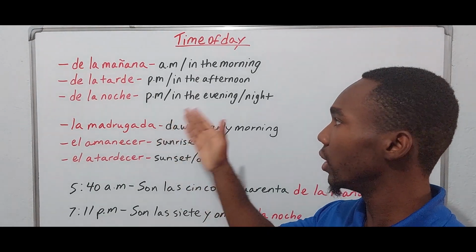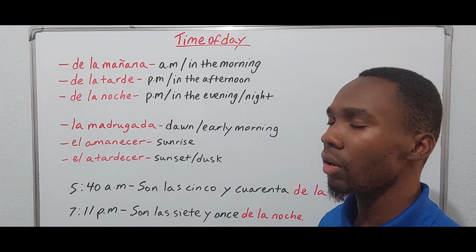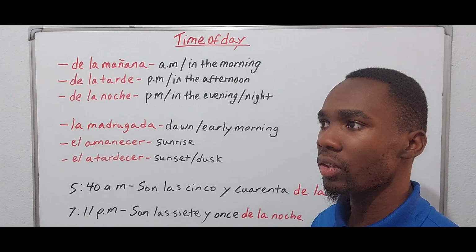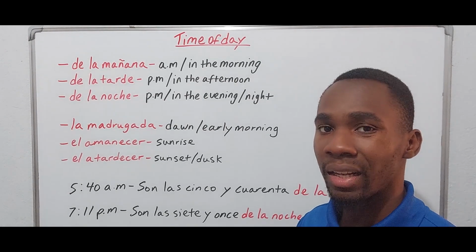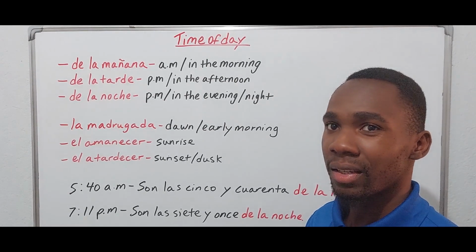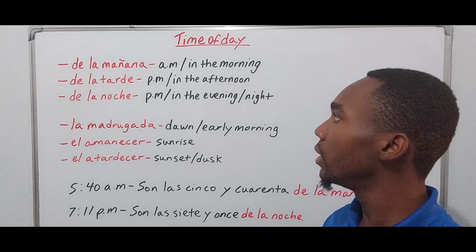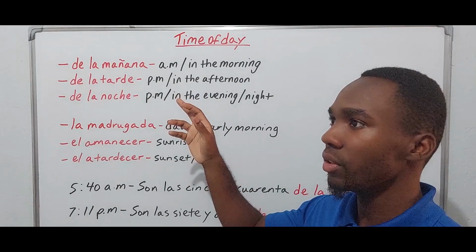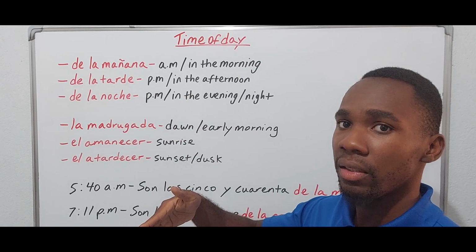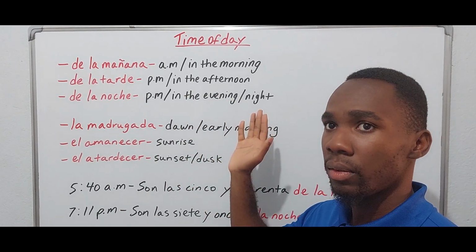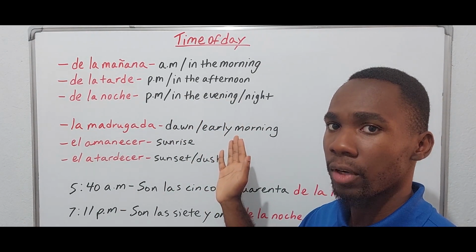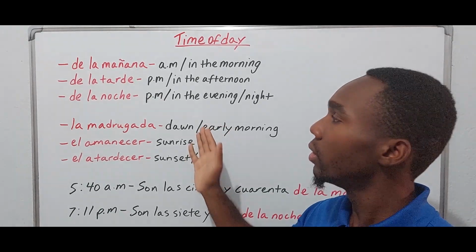And de la noche, in the evening or night. Now, when it comes to actually knowing when these particular times are, that might be a little different, but generally morning is going to be from midnight to midday, right? That's usually morning.